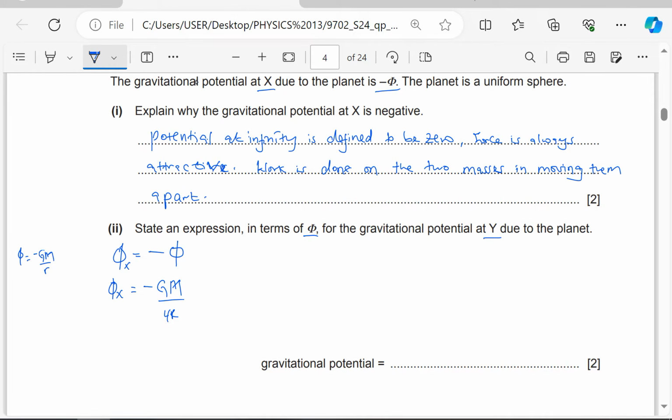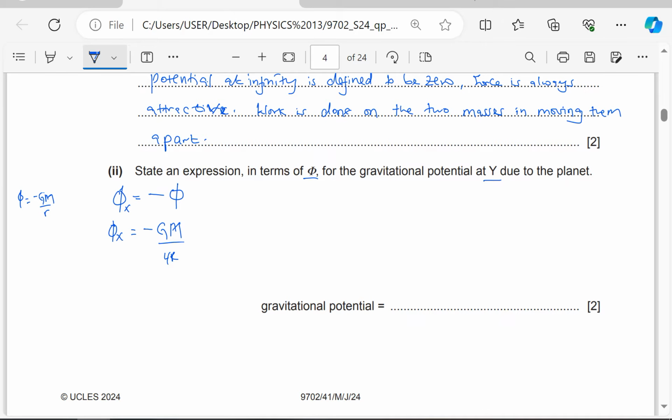That is the expression for gravitational potential. So remember, this is going to be negative phi. So negative phi is the same as negative GM over 4r.